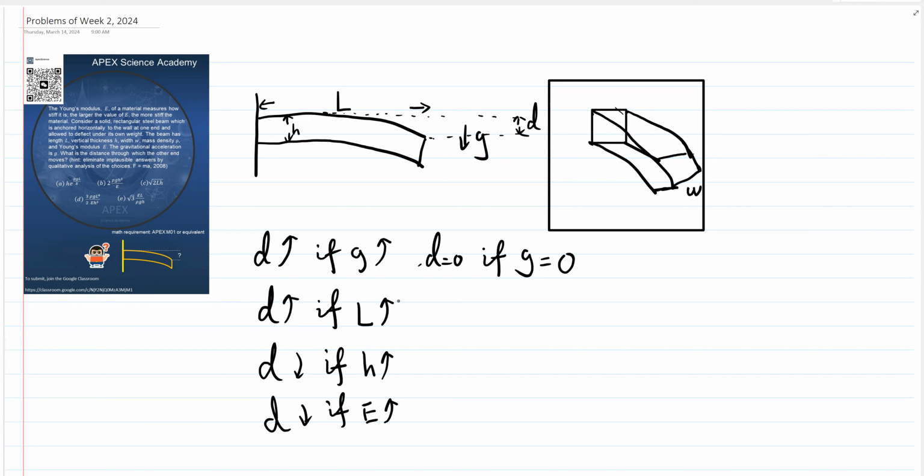Okay, finally, the relation with W. If you look at the effects of W, the width, we should look at this figure over here. And I want to draw a new line right in the middle.